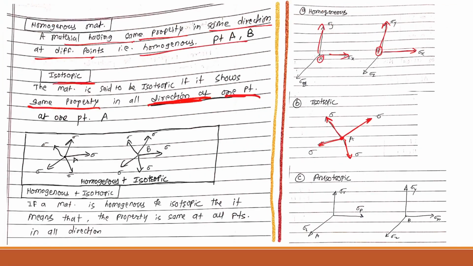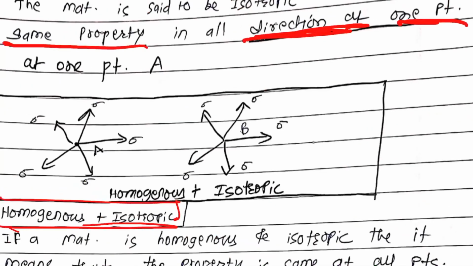And the next is homogeneous and isotropic material. For homogeneous and isotropic material, the property is the same at all points in all directions. Here you can see for point A and point B, in all directions the properties are the same, that is homogeneous plus isotropic material.